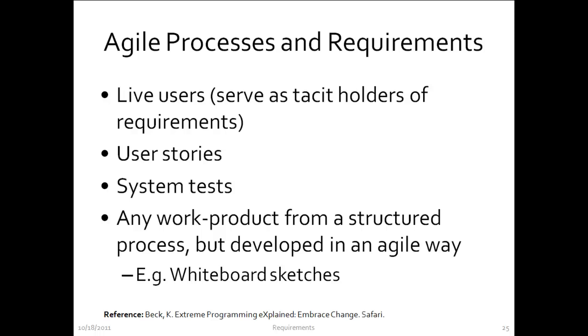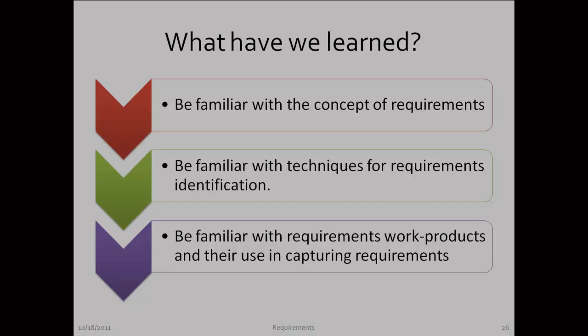So that's the basic principle. The basic principle behind agile processes is to capture just enough requirements and document them, and trust in the shared knowledge of the people working on the team to know what the complete requirement is.